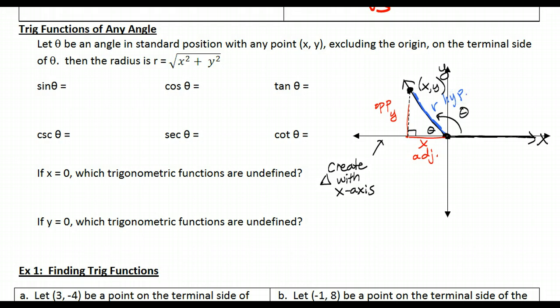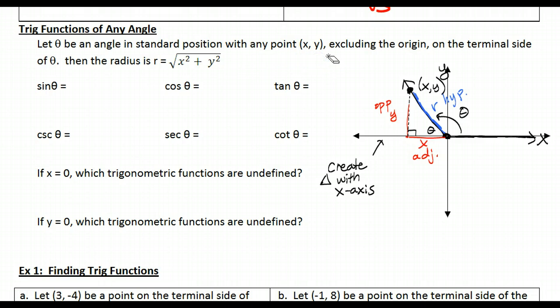Now, based off of this, to find the radius r, I could do square root of x squared plus y squared, which, by the way, you don't have to write this down, but all that is the Pythagorean theorem rearranged, because it's the 2 legs squared equals the hypotenuse squared, and then I just square rooted both sides. So it's just the Pythagorean theorem rearranged.